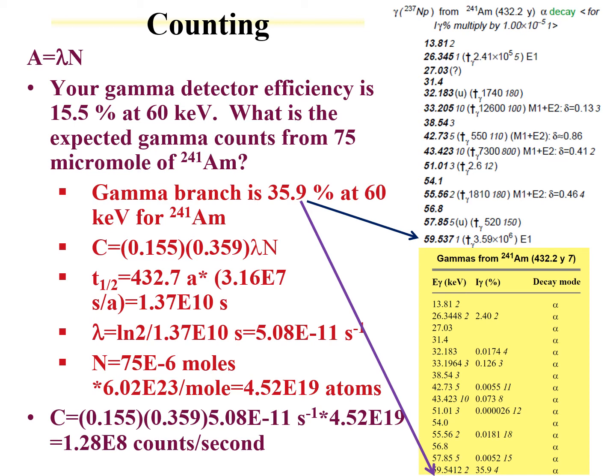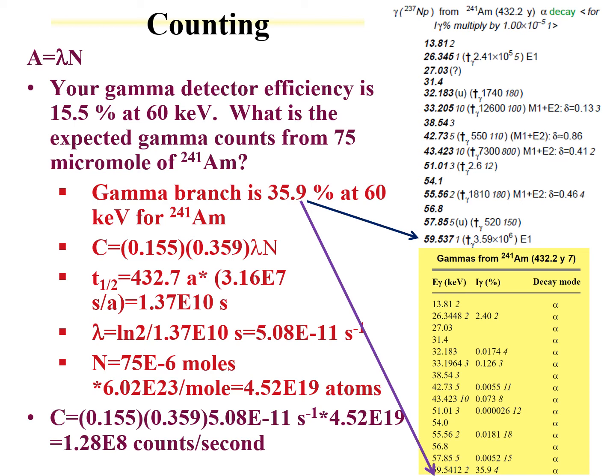The gamma efficiency data shown here is from the Table of the Isotopes and the Lund University site. These data sets include information not only on gamma decay, but other decay routes, and we will describe these data sets in more detail later in the course.